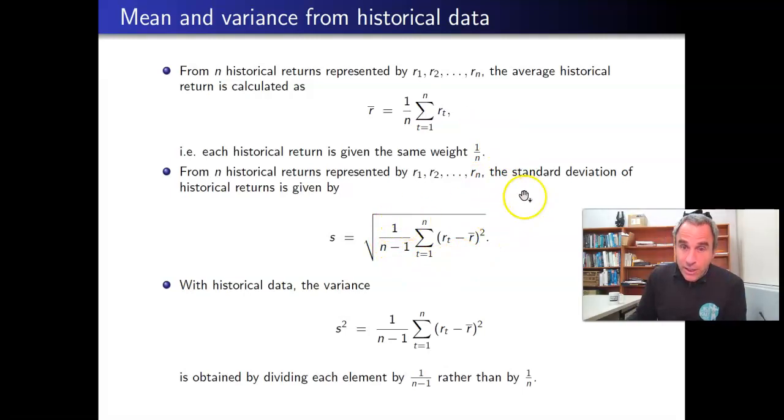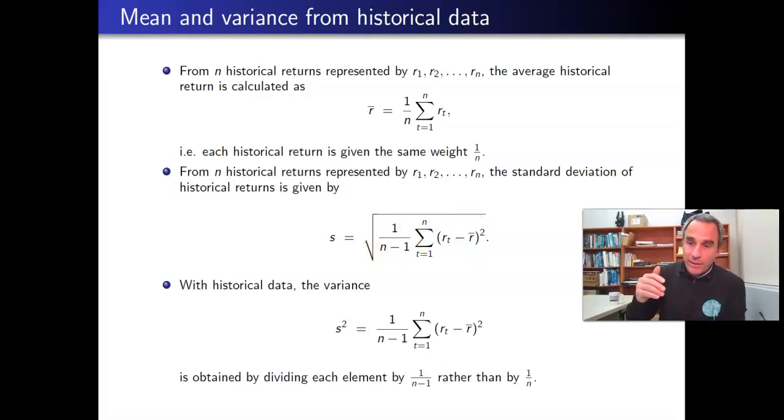The variance of the sample is the sum of all the observations minus the average of the sample, to the power 2, just like what we did when we calculated the variance, but now divided by n minus 1 instead of n.